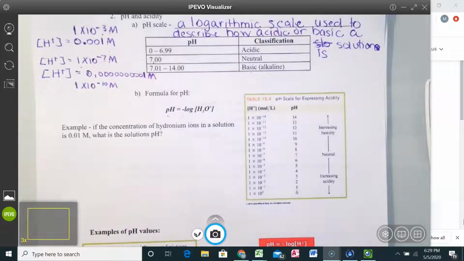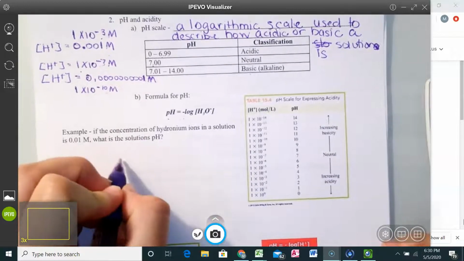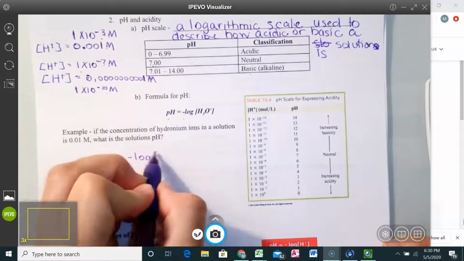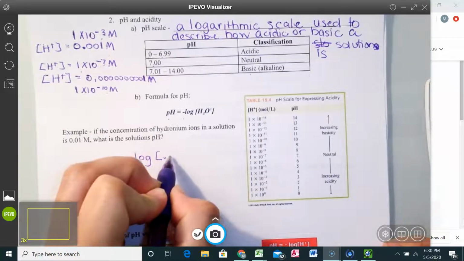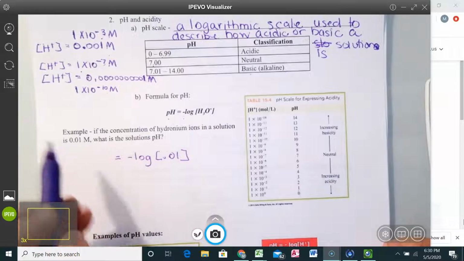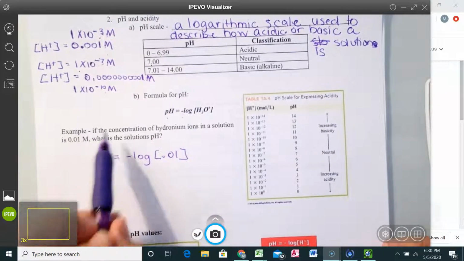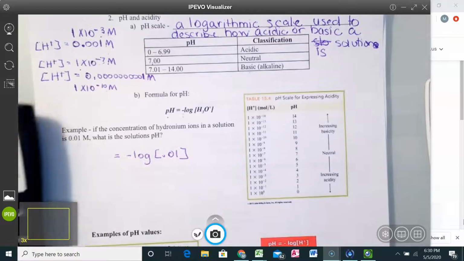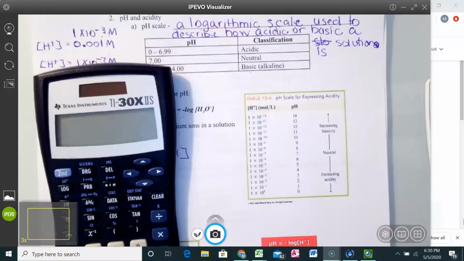If we work through a problem like this, our pH is equal to the negative log of 0.01, because I'm looking at this example right here. It says if the concentration of hydronium ions in a solution is 0.01 molar, what is the solution's pH? Now it's just a matter of using a pretty simple calculator.